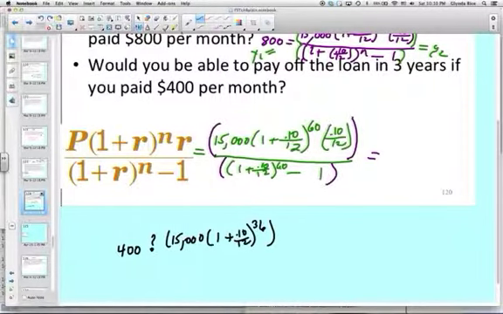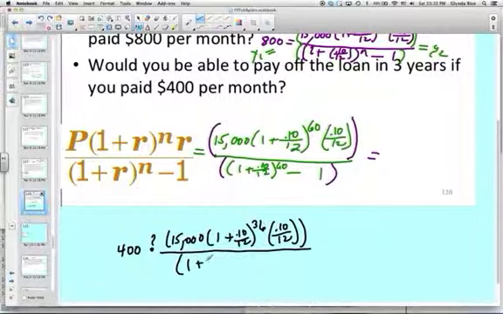Oh, forgot that extra R. And I'm copying the formula from above. This will be 36 again, minus 1.